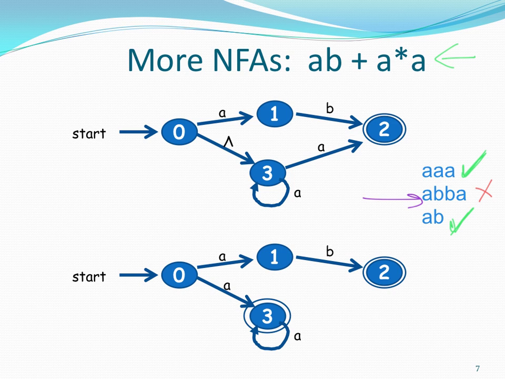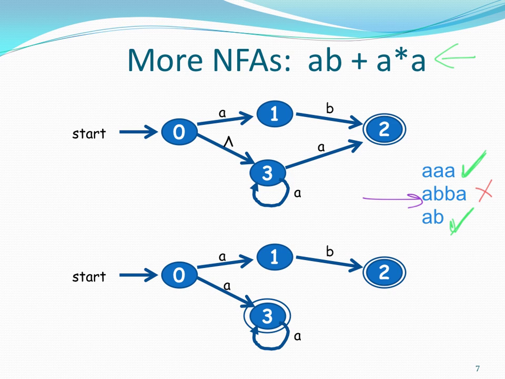On the top NFA, one option is we start, and before we even do anything, we take that free lambda jump. Then we see A, B, B, A, so maybe we do that A first. But if we do that A first, there's no B, so there's nowhere to go, and we lose. So maybe what we did is take the lambda and then that A, but again, there's no B, so we can't do it.